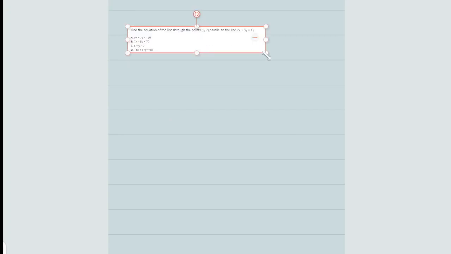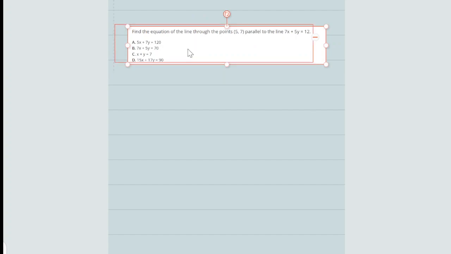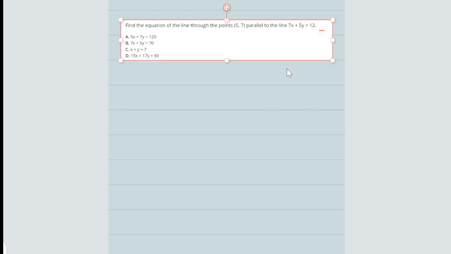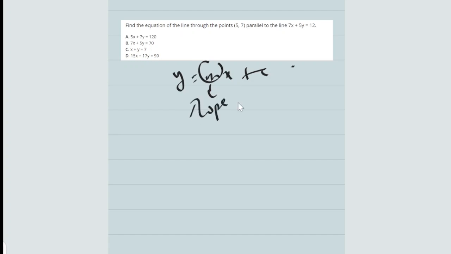We are to find the equation of the line through the point (5, 7) parallel to 7x plus 5y is equal to 12. Don't forget the general form of the equation of a line is y is equal to mx plus c. I explained in the last video, where m is the slope and c is the intercept. I hope you understand now.